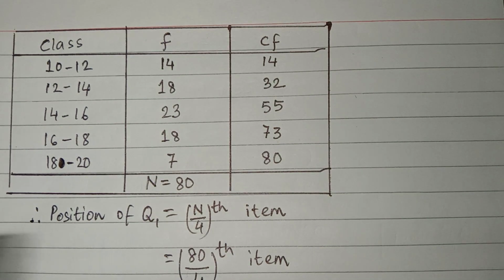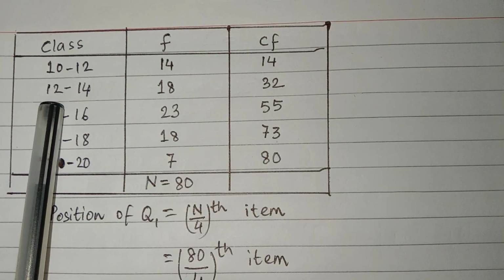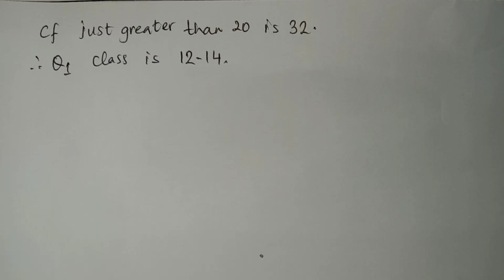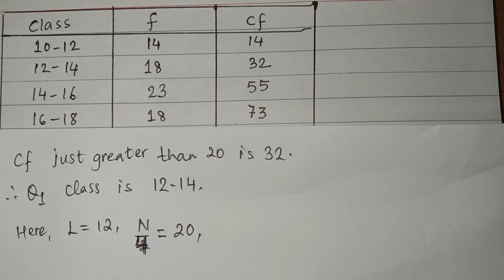Therefore, the Q1 class is 12 to 14. From this class, we get the lower limit of this class is 12. Therefore, L equal to 12. n by 4 is 20.